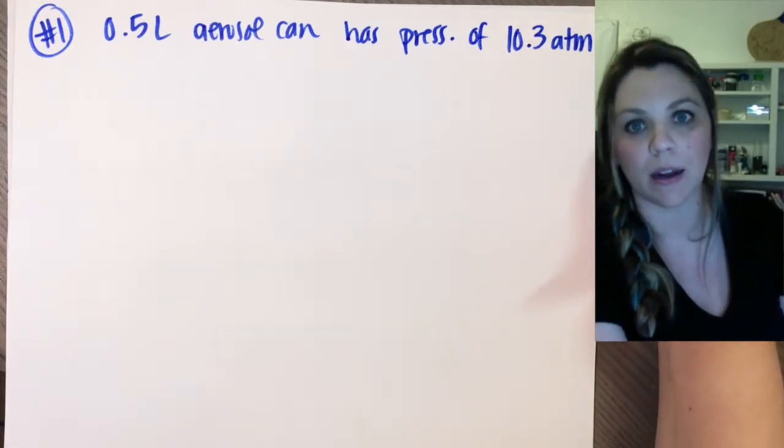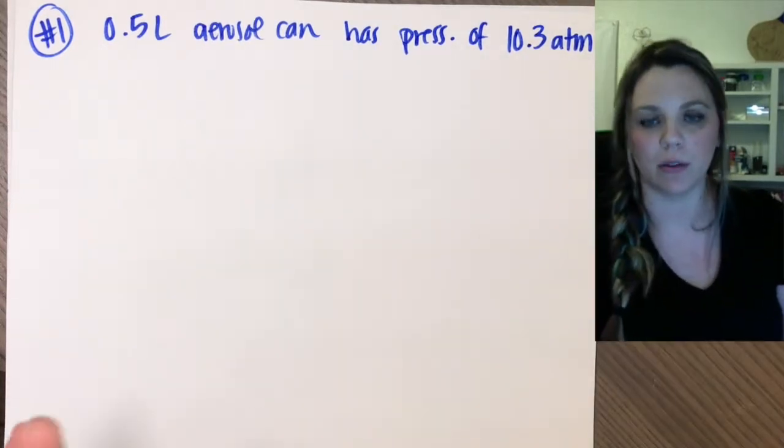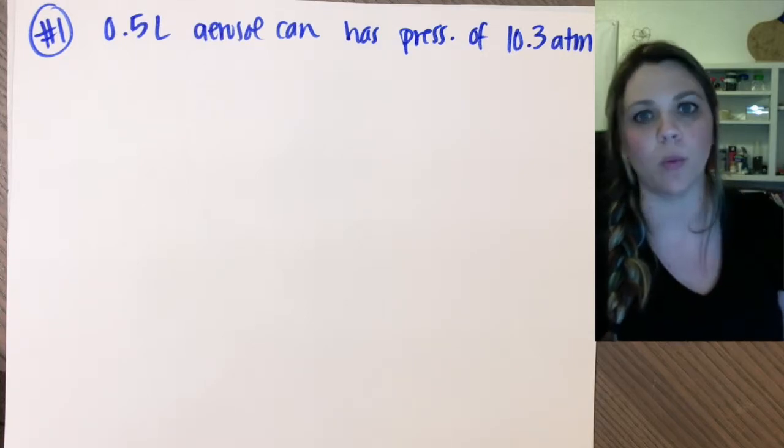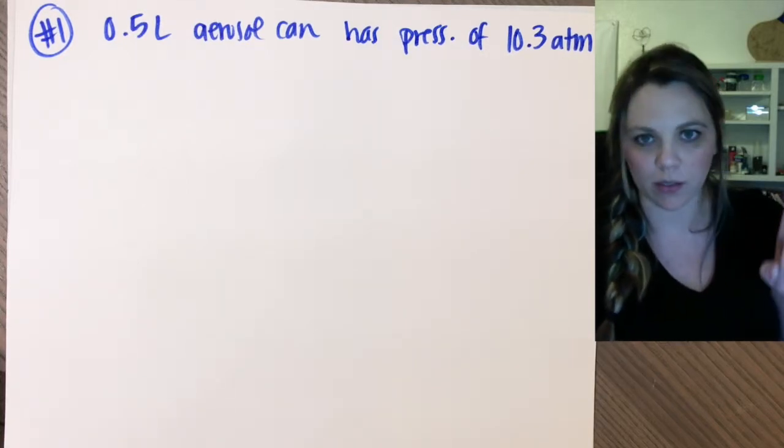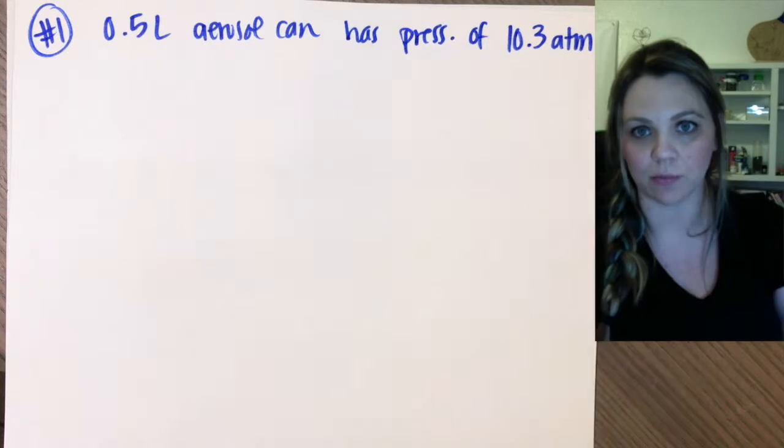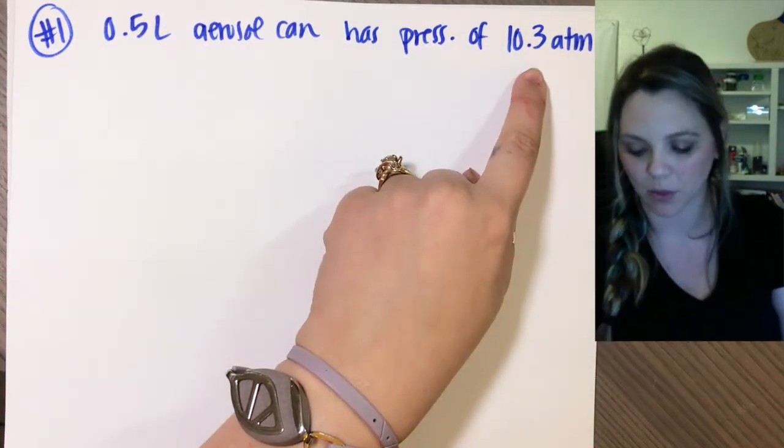That would be a lot higher than room pressure. Around us, we're almost at sea level, so we have about 1 atmosphere. So this would be 10 times the air pressure that we feel, inside that can.